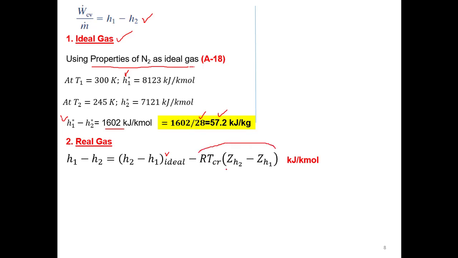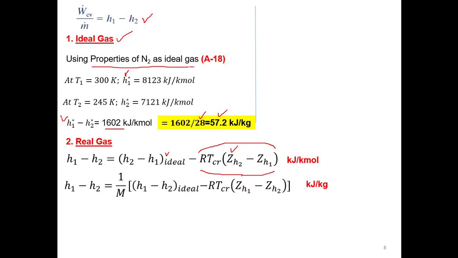We have derived this formula in our previous class. For this one, basically we need ZH2 and ZH1. ZH is the enthalpy departure coefficient. This is the enthalpy departure coefficient for state 2, and this is for state 1. And how can we get ZH2 and ZH1? And this was for kilojoule per kilomole.